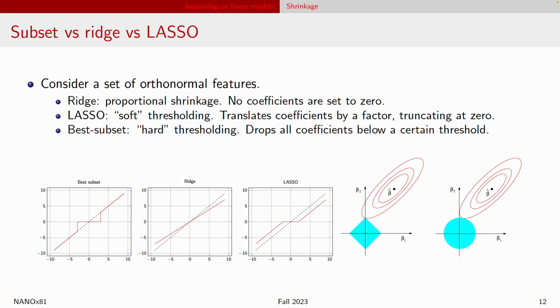All right. Now with lasso, what you have is what is called soft thresholding. We actually translate our coefficients by a constant factor. So you can see that if the original coefficients are along this dashed line, what is happening is that it is being pulled down and pulled up in both directions, and it actually has a threshold at 0.